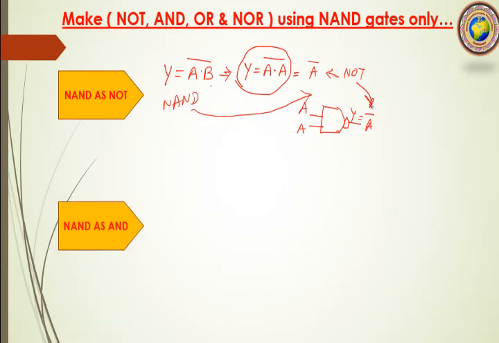Now the second one is NAND as an AND gate. We have to just remember this cycle. Suppose we have to convert a NAND gate into AND, we just apply a NOT gate.